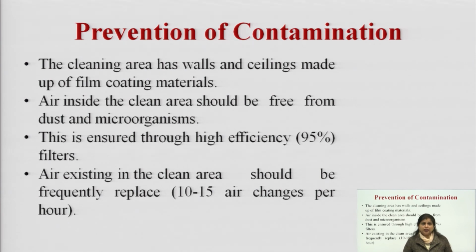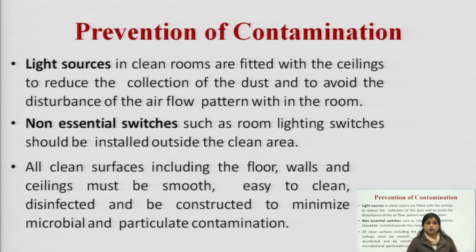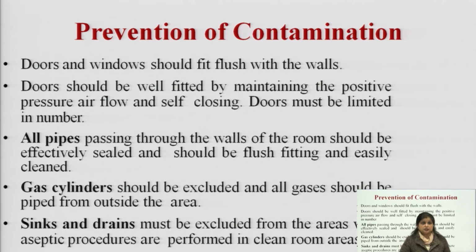So, the preventive measures, as I told: if equipment is there you have to sterilize it, if you are using glassware you have to sterilize it, and if you are using airlock systems you have to take extra precautions. For the building, if there are light sources, they must be fitted with the ceilings, with no entrapment within the light sources, no chances of entrapment of dust particles or microbes within those systems.